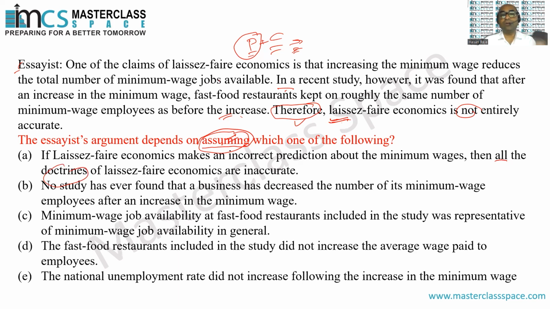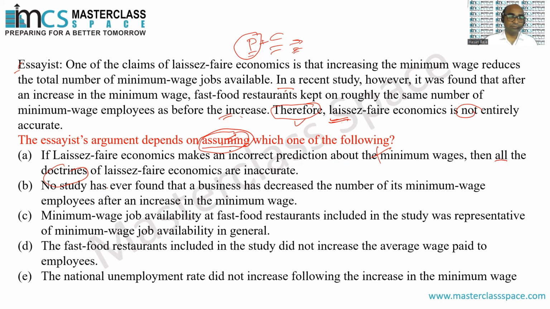Here it is about one part. But what if we are talking about the economics? All doctrines means whatever they have said till now or added in their theory, all are wrong. And that will be too wide. Too wide means more than the argument, more than the assumption, or covering a wide range of assumption. And therefore it is incorrect.